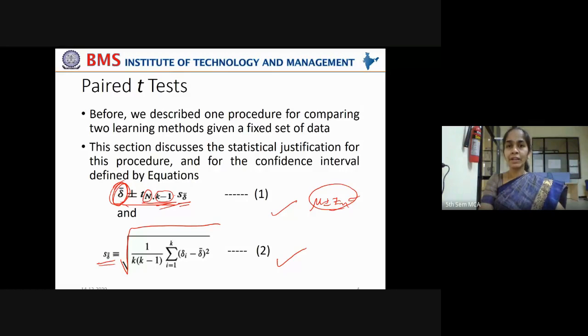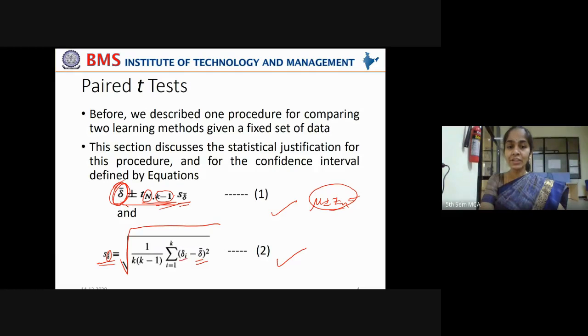We are finding out the standard deviation of delta bar. Okay, so it is the mean delta bar, that is the estimated error across all the iterations, minus delta i. What is this delta i?